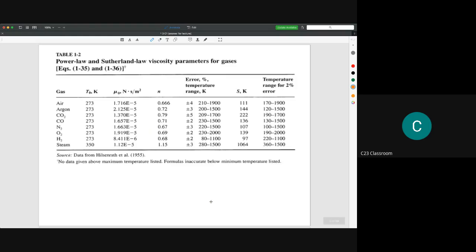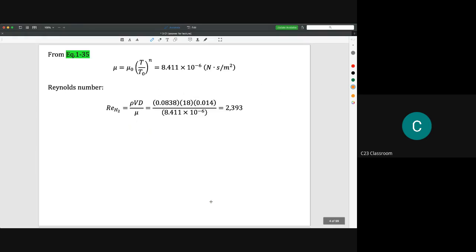This is the table from the books, and then we could get the value at 20 degrees Celsius, 1 atm of hydrogen. So now this is the Reynolds number equation. We substitute the very specific values that we get: this is density and also this is the dynamic viscosity.